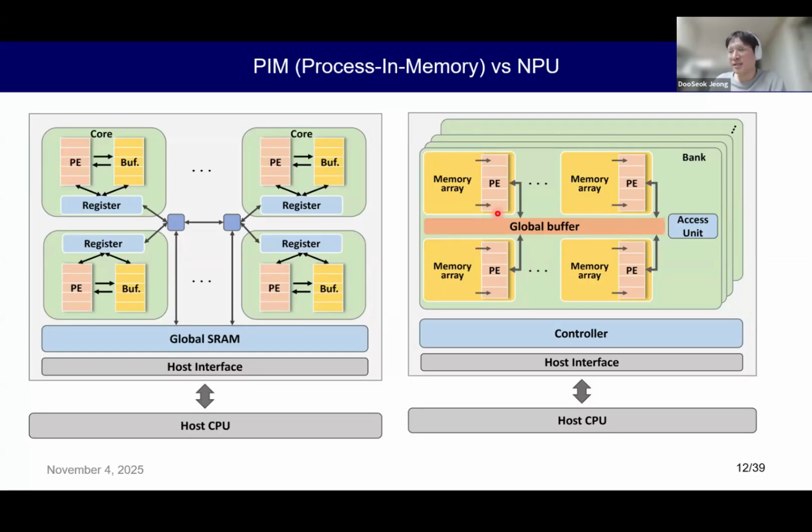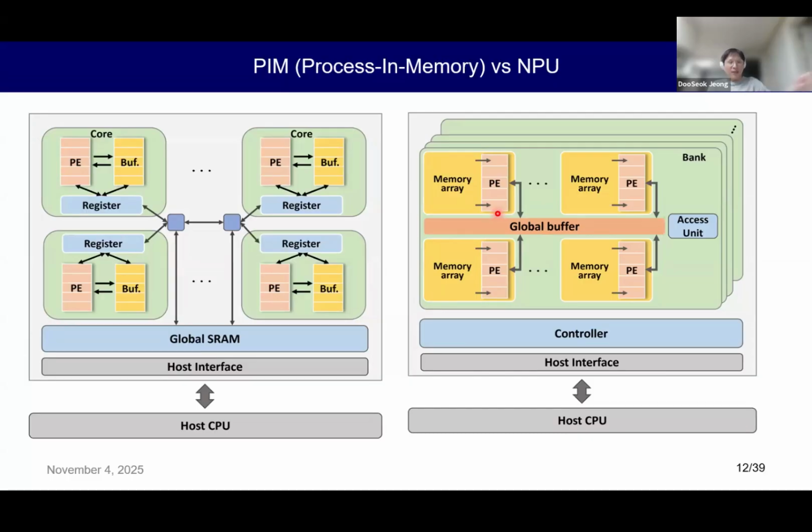But with analog PIM or analog CIM, you merge this memory domain and the processing element. So you can play with a lot of analog operation, which is very effective. But at the same time you have to think about all this peripheral circuit and also the reliability of the operation.